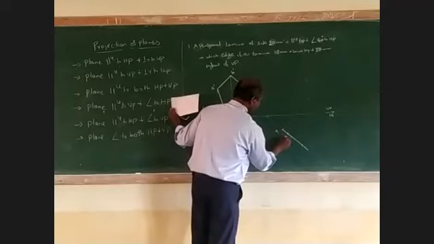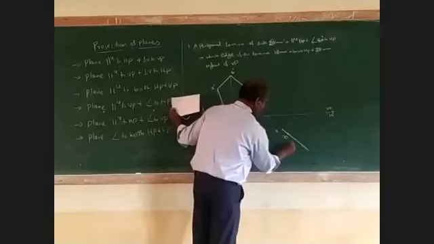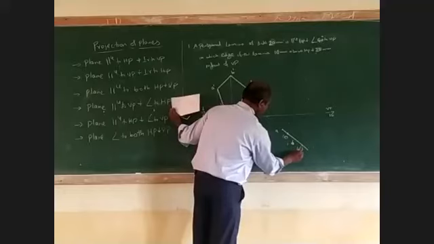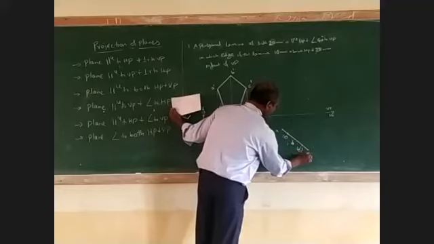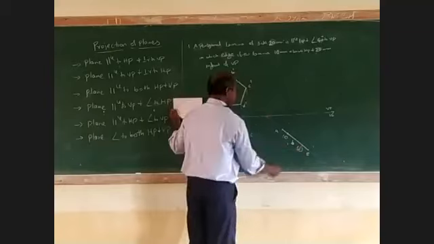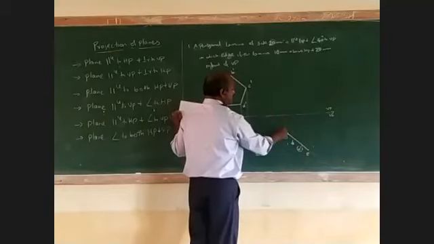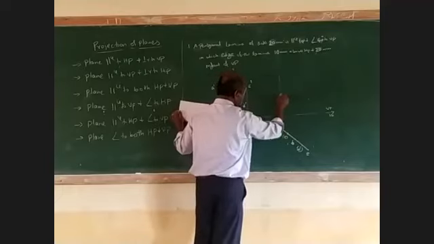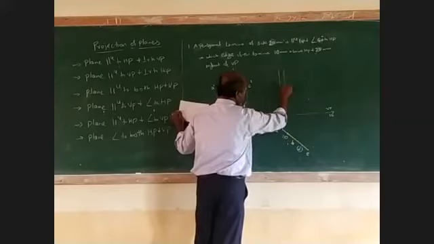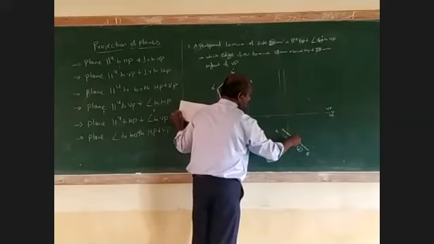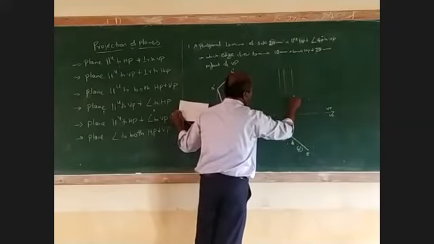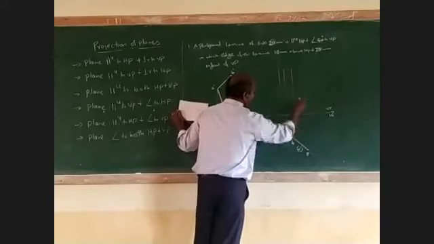A within bracket E, B, this is D, this is within bracket D and E. Then you draw a line perpendicular to the reference line at each and every point.